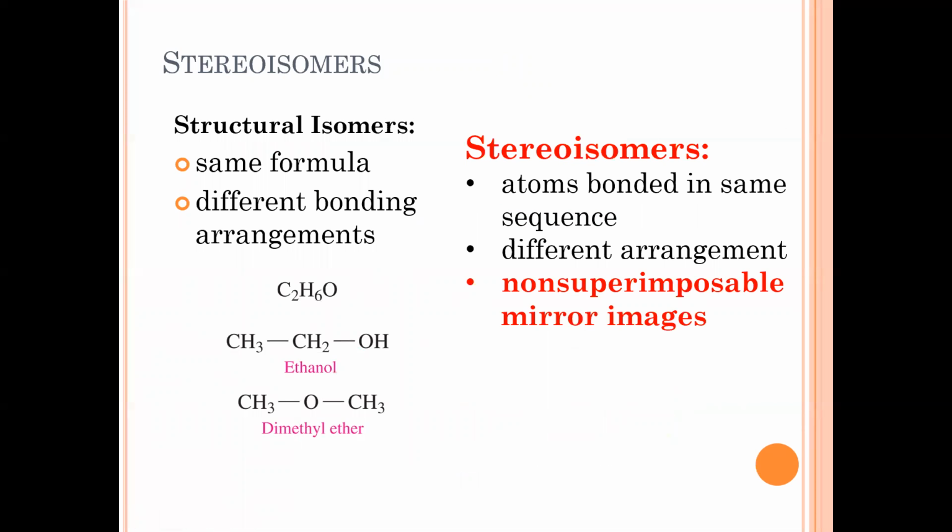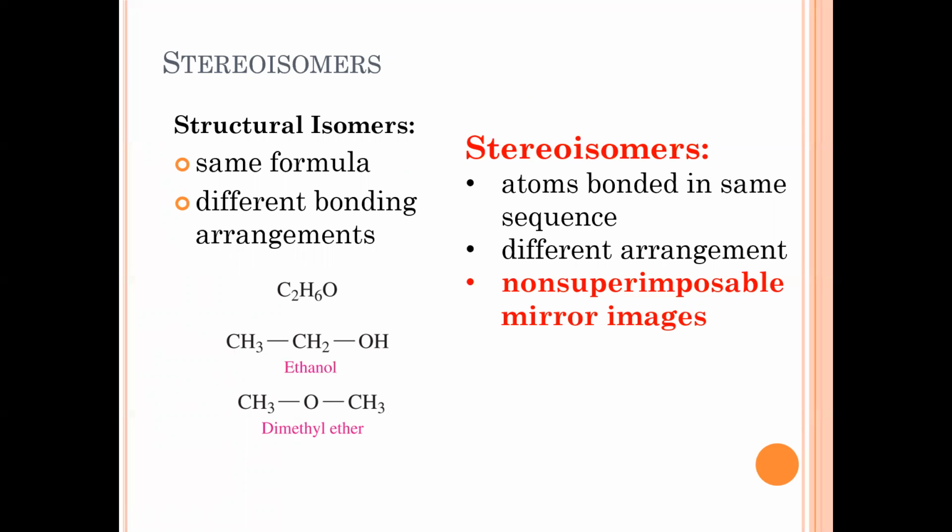Now, I also want to get into the idea of stereoisomers. We can have things that are called structural isomers, where they have the same formula in different bonding arrangements, like what we talked about with butanol and methylpropanol, or here just ethanol and dimethyl ether. It's the same number of carbons, hydrogens, and oxygens, but they're arranged in two different arrangements to make two completely different molecules.